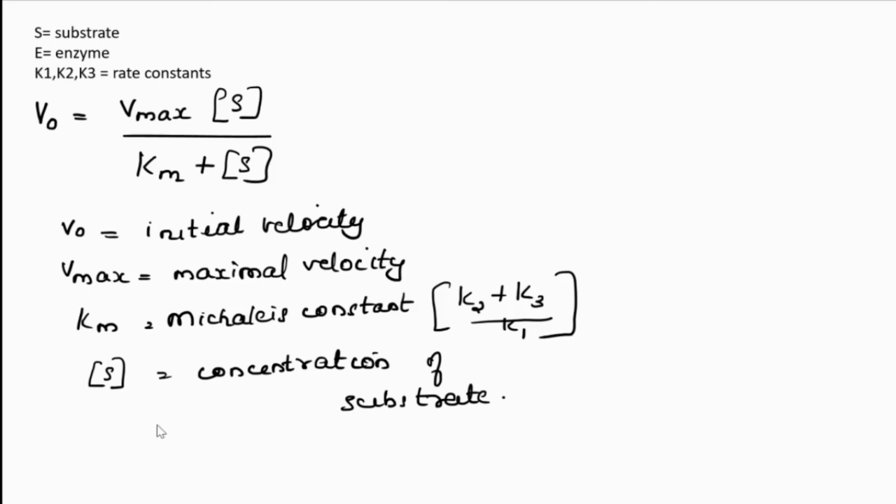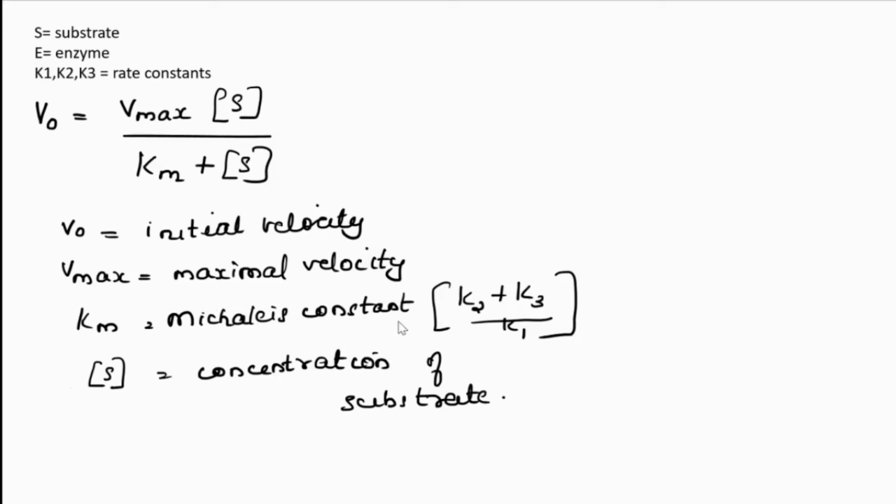Then we can write it as V0 is equal to Vmax of concentration of substrate by Km plus concentration of substrate. And then we need to understand each letter. V0 means initial velocity of any reaction. Vmax means maximal velocity.